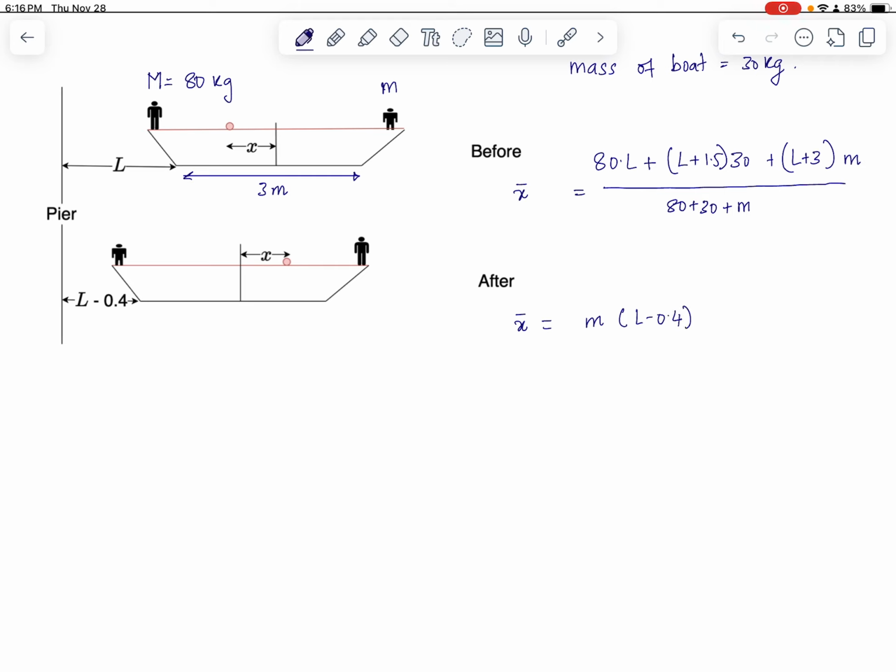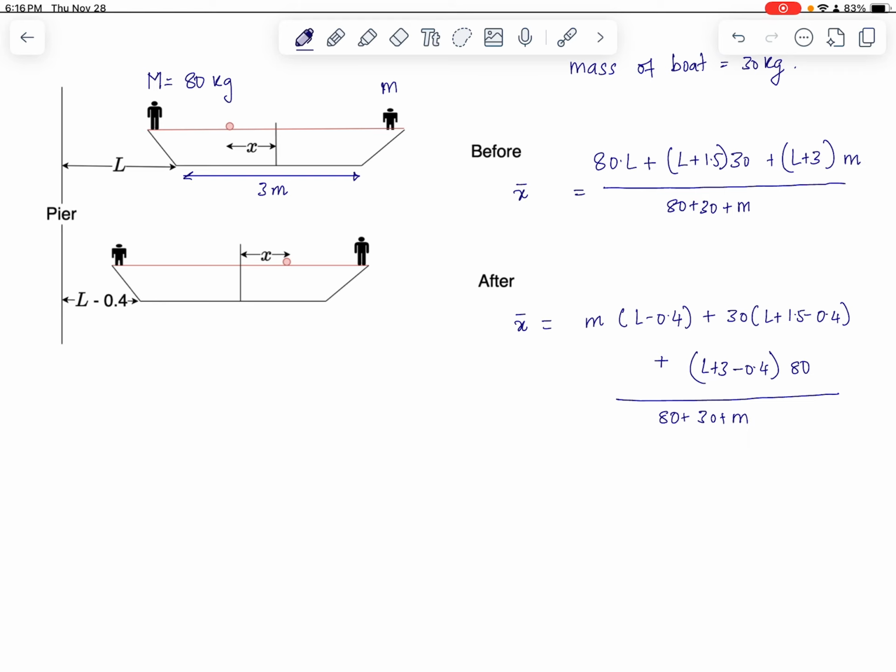And we multiply 30, the mass of the boat, by L plus half the length of the boat, minus 0.4, plus the contribution from the man, that's L plus 3 minus 0.4, times 80, divided by 80 plus 30 plus M.